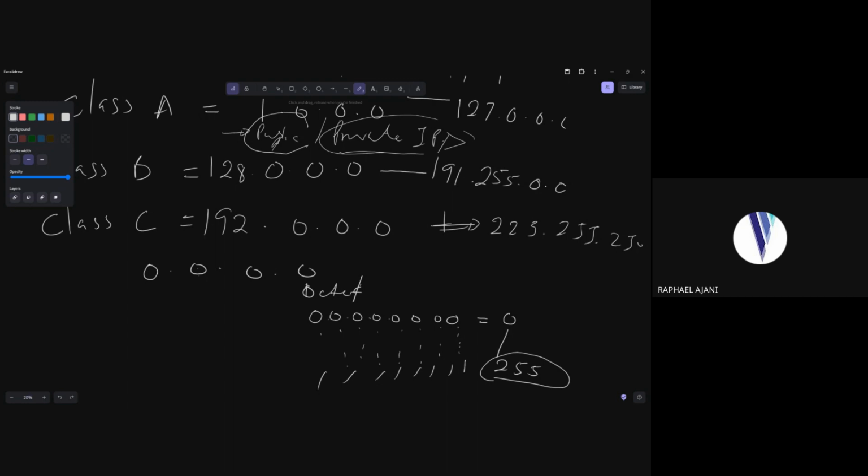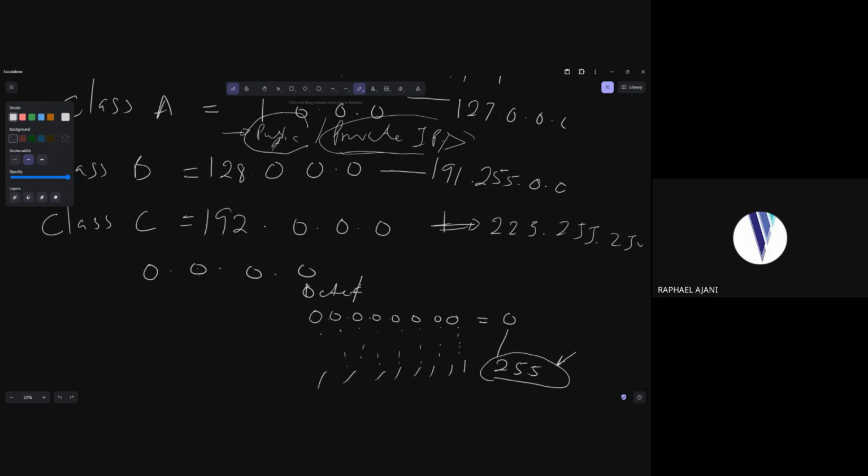I'm drilling it down to the level of how the packet is interpreted within the devices. Do you understand? So in the computing world, 255 is not a number you assign to yourself.